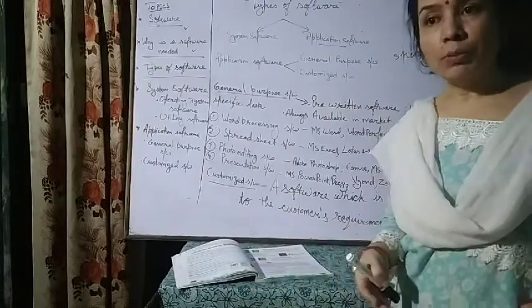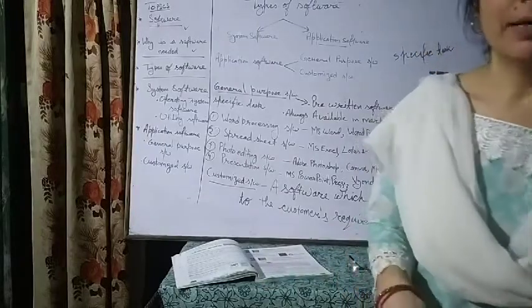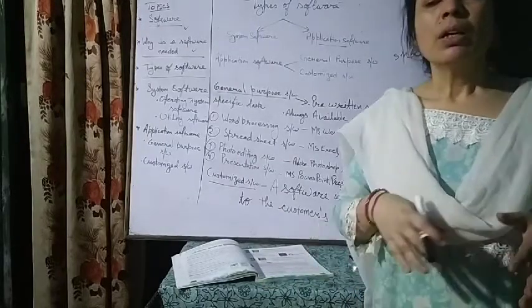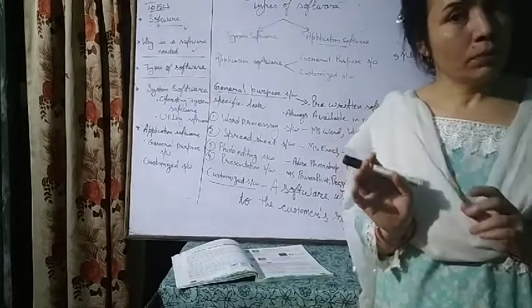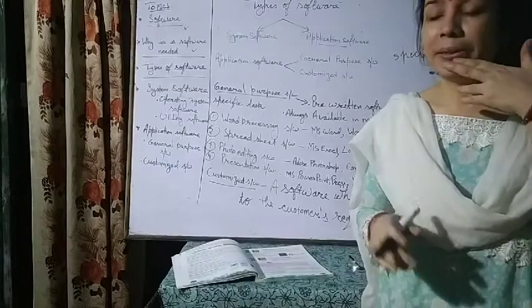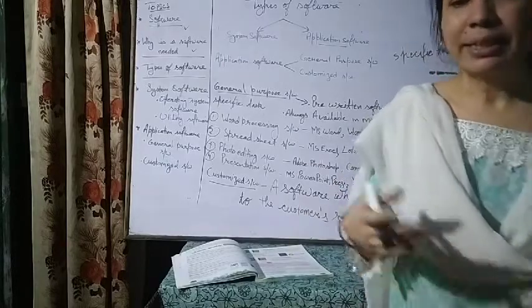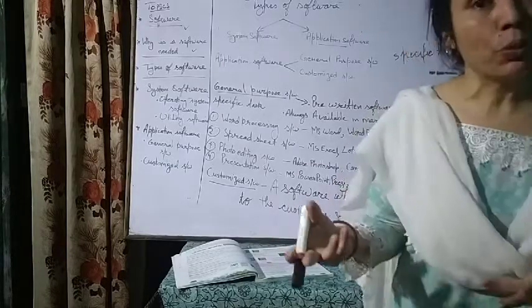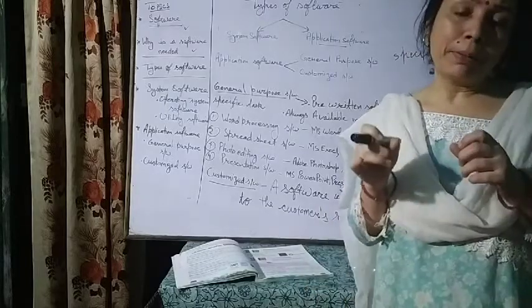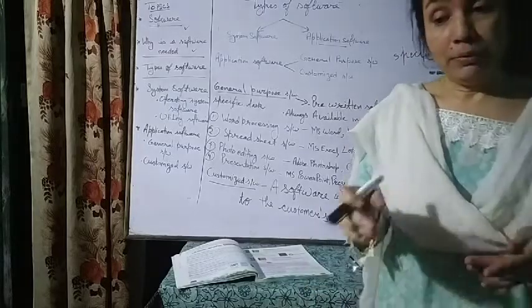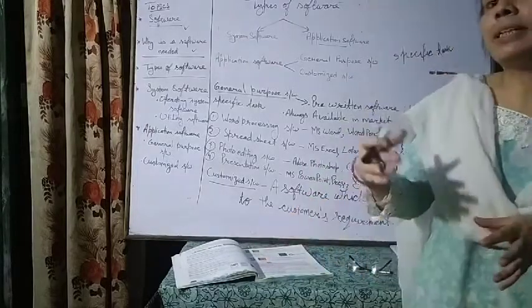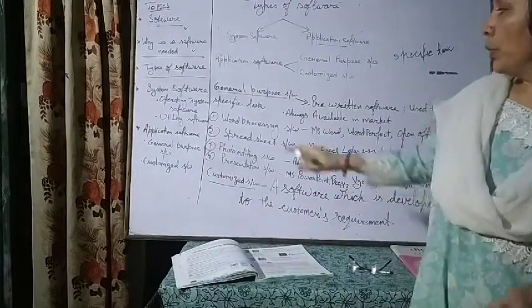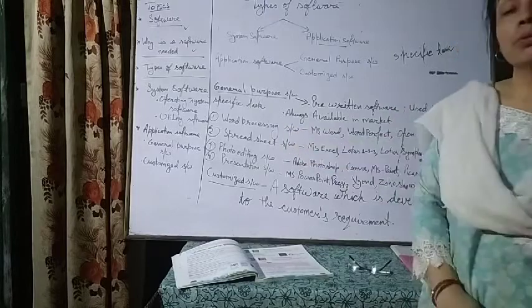If you have to create documents, suppose some children need a software for typing. Suppose the teacher has given essay writing work, letter writing work, poem writing, story writing. For this kind of typing work, we use word processing software.